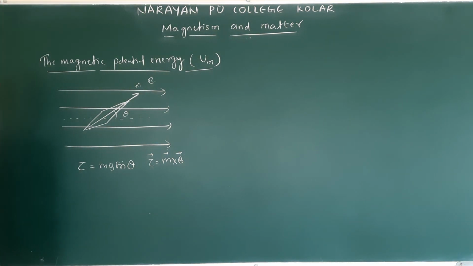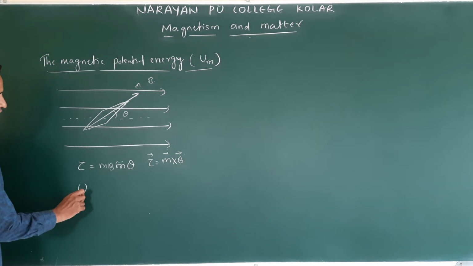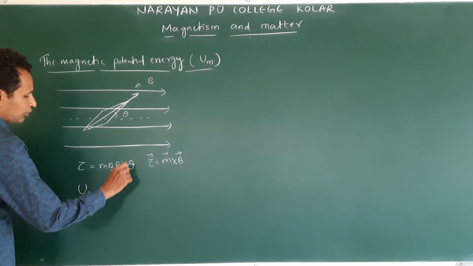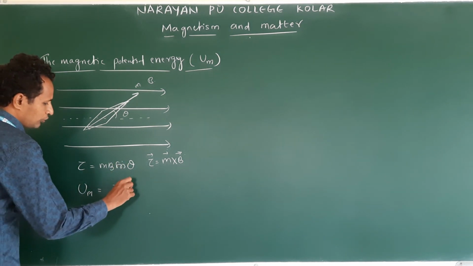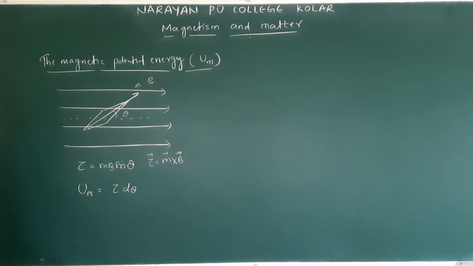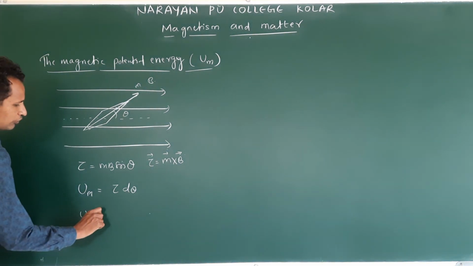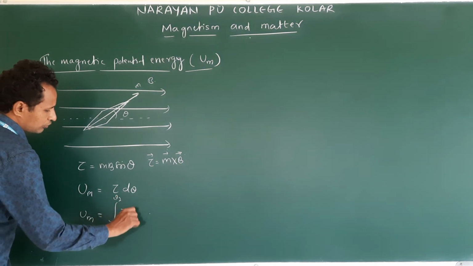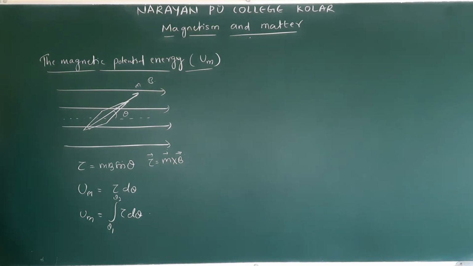So how do we write? Work done is equal to the integral from theta 1 to theta 2 of tau d theta.